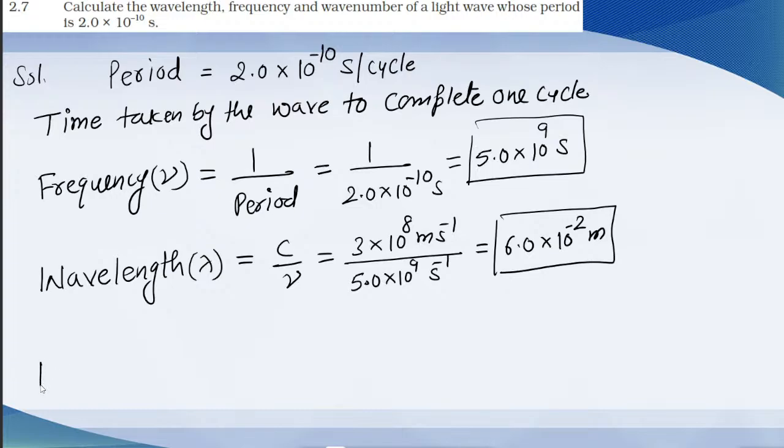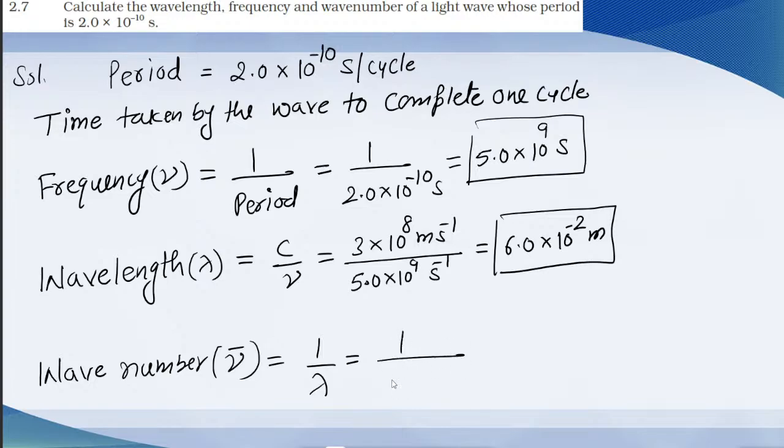So the wavelength has come. And third is wave number. Wave number, that is nu bar, is equal to 1 upon lambda. It is 1 upon 6.0 into 10 raised to power minus 2 meter.